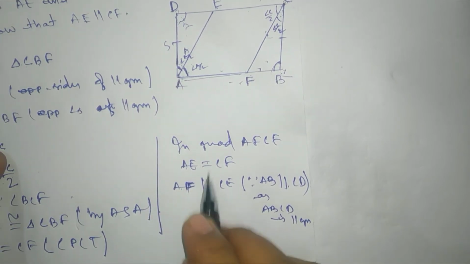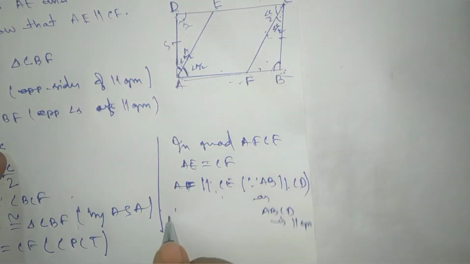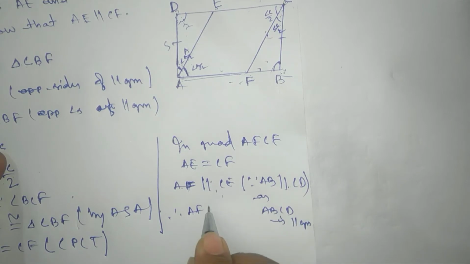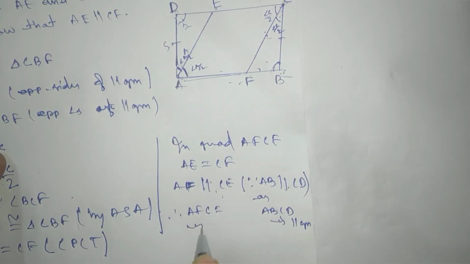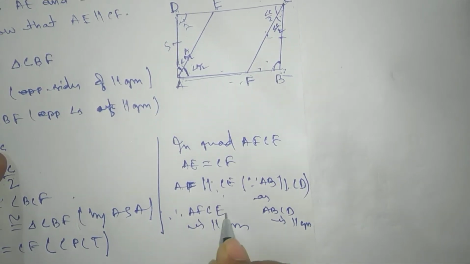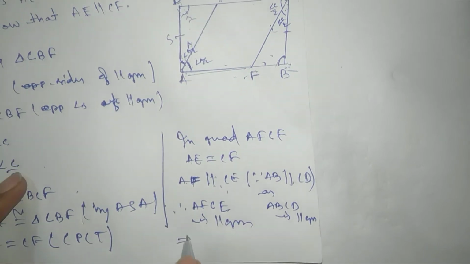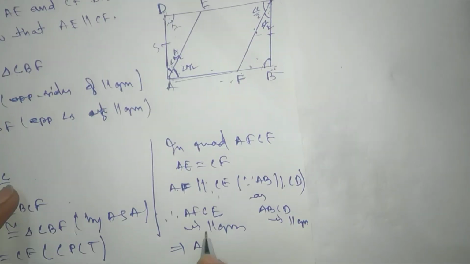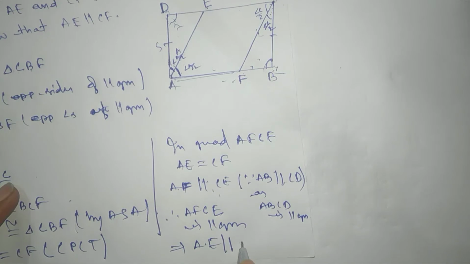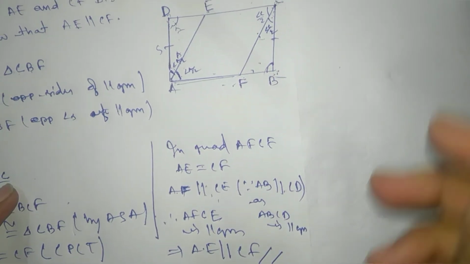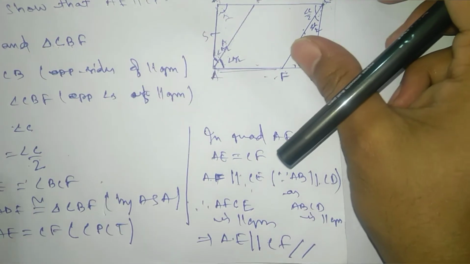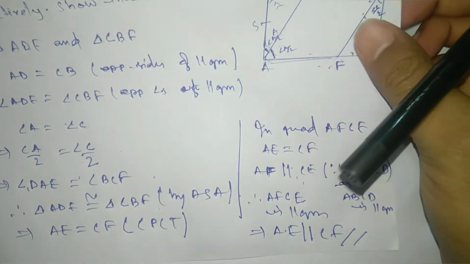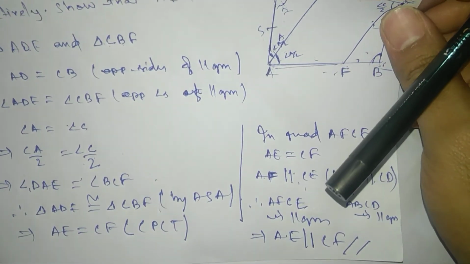And by these two criteria we can say that AFCE is a parallelogram, and if it is a parallelogram we can say that AE is parallel to CF. This way we have to prove it. Quite lengthy but very interesting. Okay, next question we will proceed.